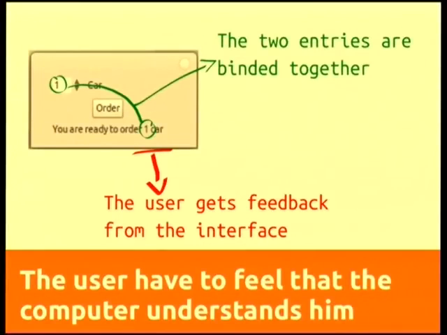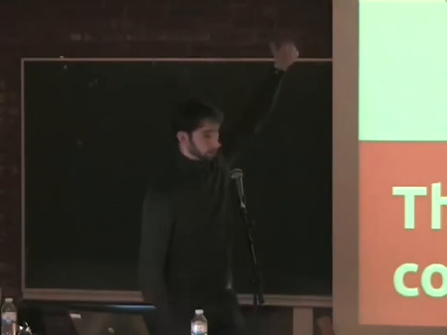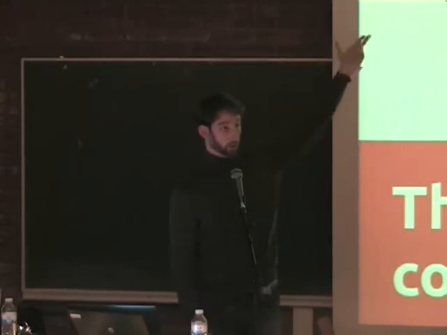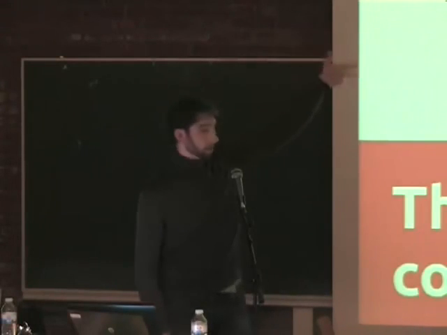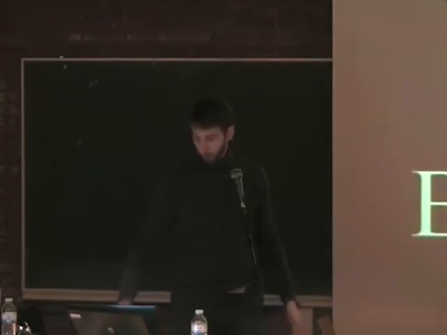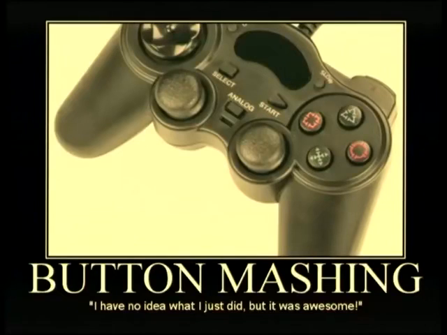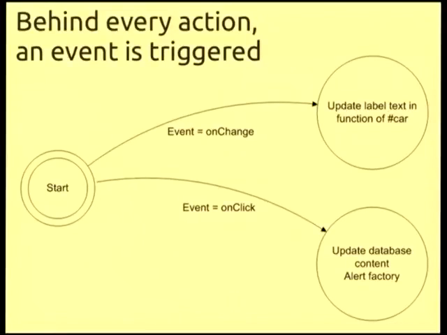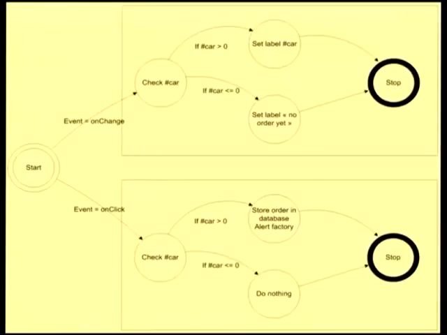On each event, you want to have an action that is triggered. For example, here, if you change the number of cars you want to buy, the label has to be updated. So behind every event, there is an action that is triggered, like you see here, the click on the button or the change of the number.